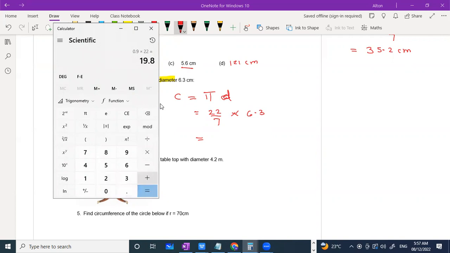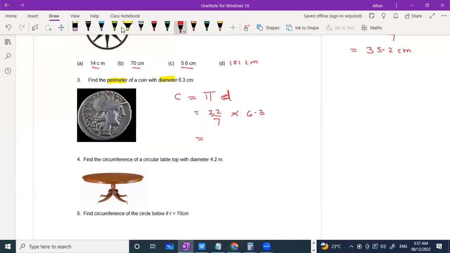Multiply by 22, 19.8. So I'm getting 19.8 centimeters. I'm hoping you got that one as well. Well done.